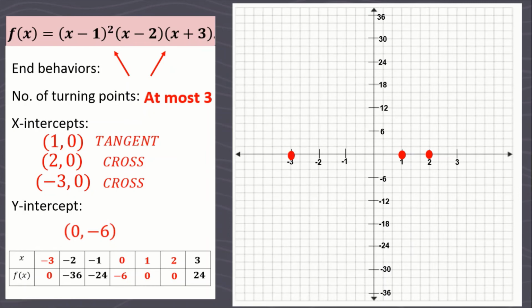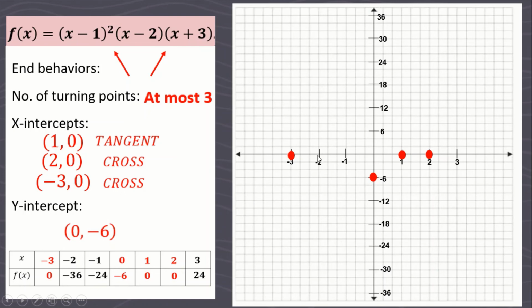Sunod naman natin ang y-intercept represented by the ordered pair 0, negative 6. So, ang x ay 0 at ang y niya ay negative 6. So, nandito siya ang point natin. Now, i-plot din natin yung ibang points na nakuha natin kanina. So, we have negative 2, negative 36.